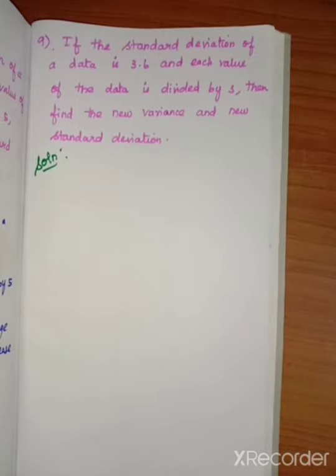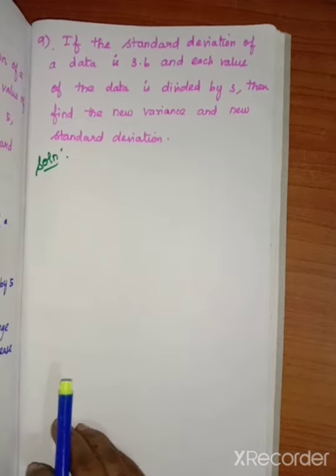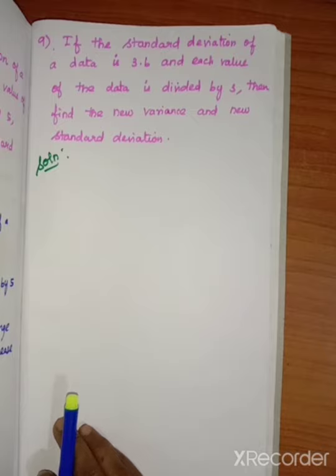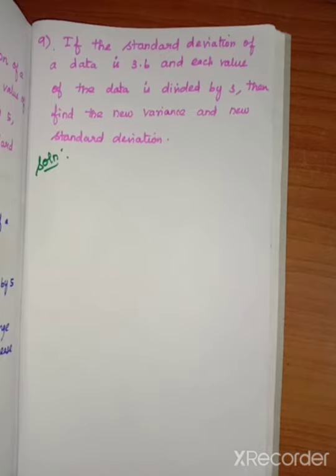Ninth question. If the standard deviation of a data is 3.6 and each value of the data is divided by 3, then find the new variance and new standard deviation.